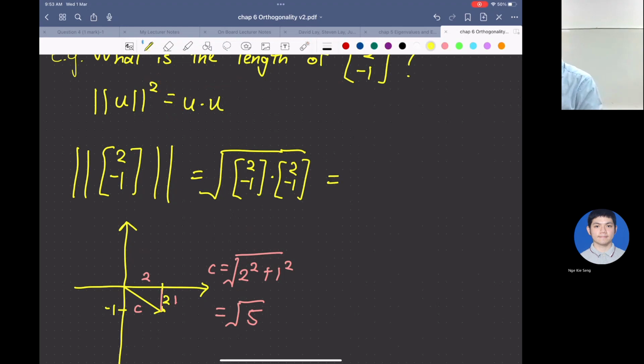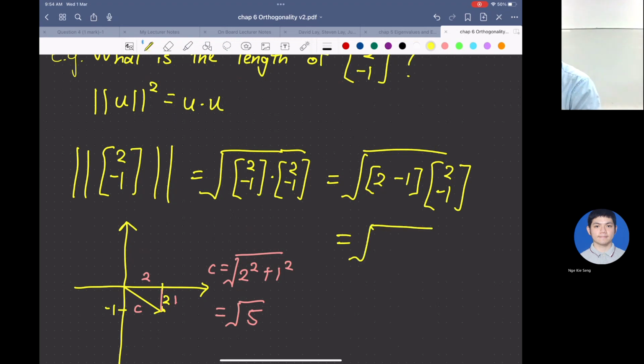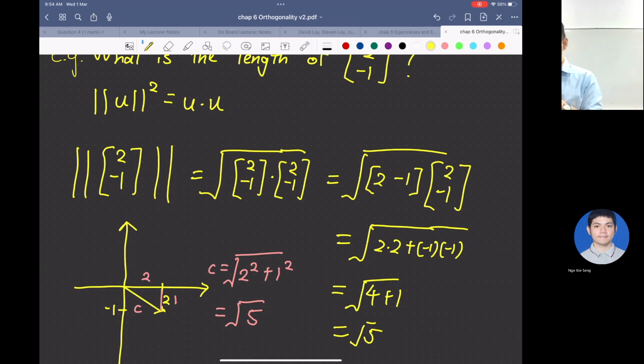So when you dot these two together, what do you get? You transpose the first one and then multiply with the second one. Then you get square root of 2 times 2 plus minus 1 times minus 1, which is equal to 4 plus 1, which is square root 5.